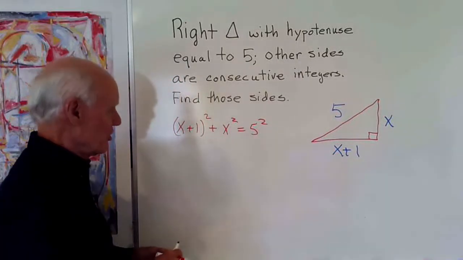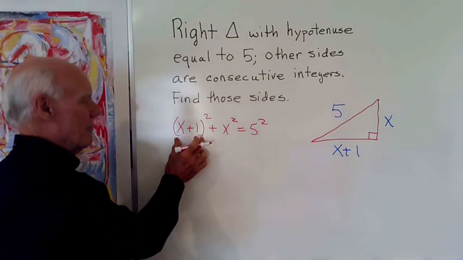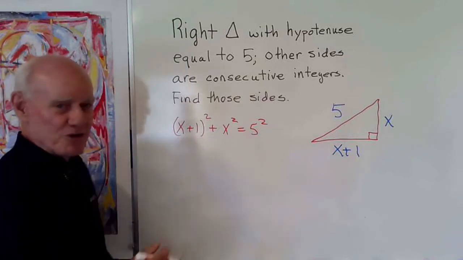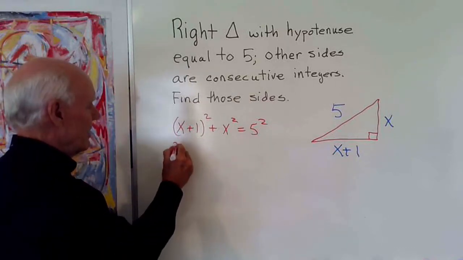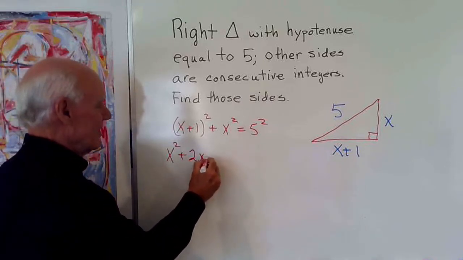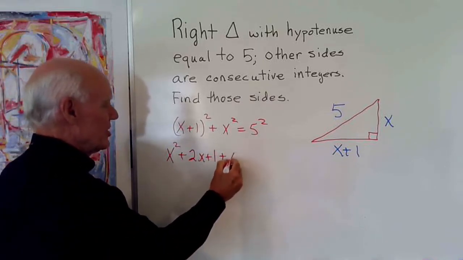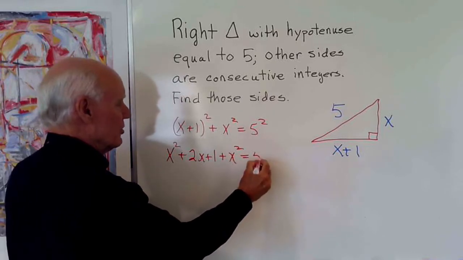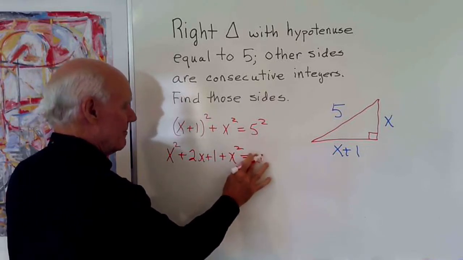Now I need to solve this equation, so I'm going to start by expanding this. (x plus 1) squared is x squared, plus, don't forget the middle term, 2x, plus 1, plus x squared is equal to 25.